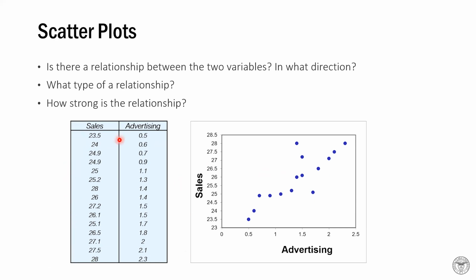With this data, the number of sales is the dependent variable, typically on the vertical axis, and advertising is the independent variable, typically on the horizontal axis. From the scatter plot, we can tell that sales and advertising are strongly correlated, and more advertising may lead to more sales.